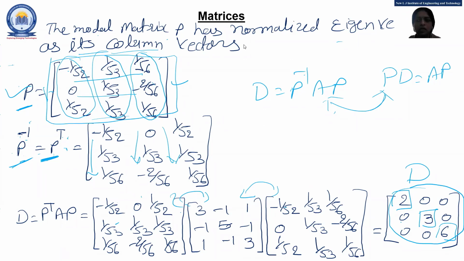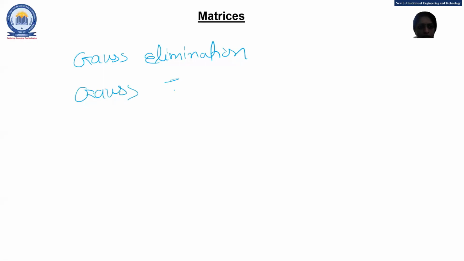Okay. If anyone else has any doubt, let me ask, as this is the last example and the last method from matrices. So please practice the matrices. The main methods are Gauss elimination. Second is Gauss-Jordan, and with the help of Gauss-Jordan, you can also find the inverse.